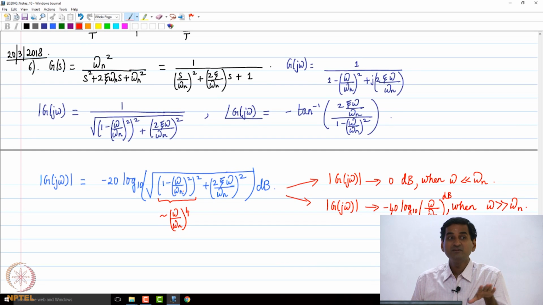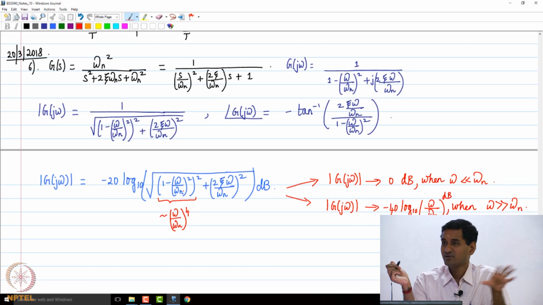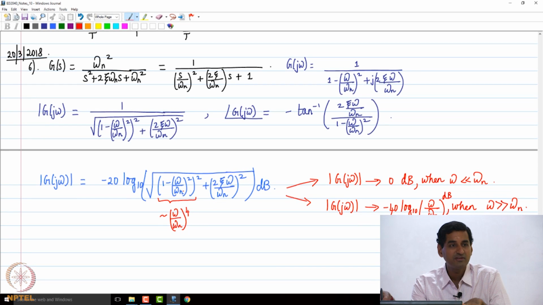The first term is going to be like 10 power 12, and the second term like 10 power 6, so the first term obviously dominates. You take the square root and get omega by omega n squared. Log of omega by omega n squared is 2 log omega by omega n. There is already a minus 20, you multiply it by 2, you get minus 40. That is why the magnitude tends to minus 40 log to the base 10 omega by omega n decibels when omega is much greater than omega n.